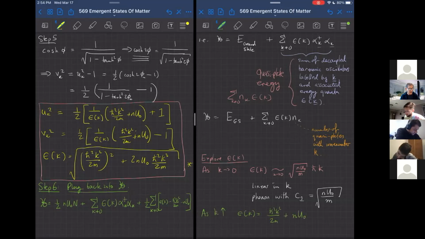And so it has a free particle spectrum shifted by a finite amount, an amount that depends on u naught and therefore is due to the interactions.